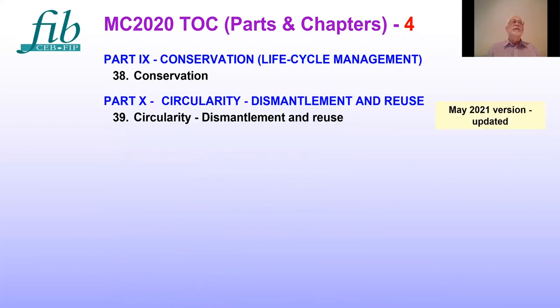In terms of the latter parts of the code, part 9 deals with conservation. In other terms, that's life cycle management of an existing structure, both treated in design and of course, as an existing structure. And part 10 deals with circularity, dismantlement and reuse.